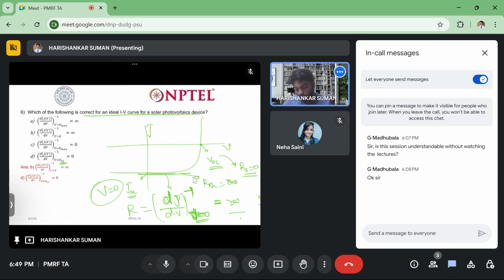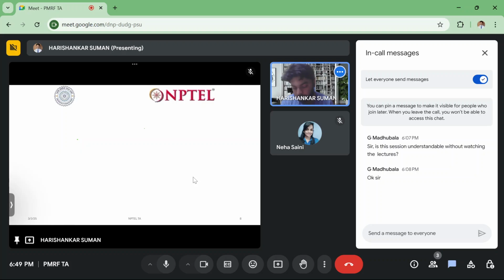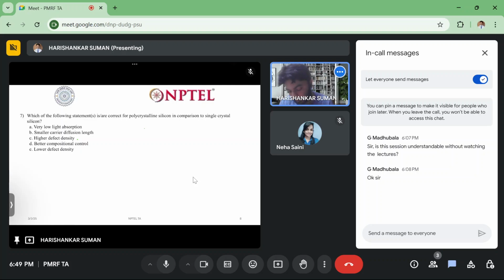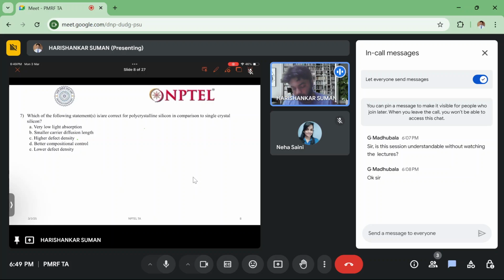Okay, D is correct, and at V equal to 0 it should be infinite. So D is the right option. Clear? Let's move to the next question. Which of the following statements are correct for polycrystalline silicon in comparison to single crystalline?